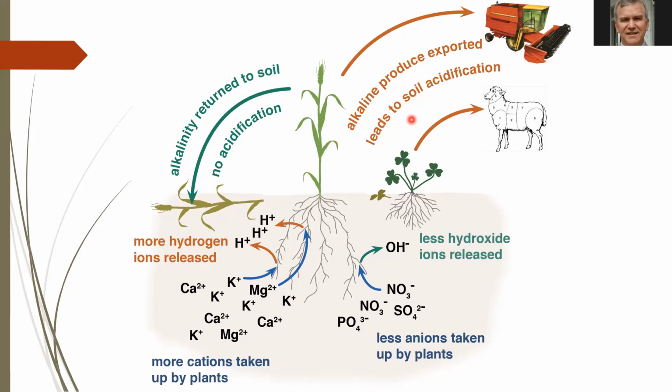And in this case, you will have an increase of acidification. So removing the alkaline components of the soil, the mineral components of the soil, will increase the acidity of a field. Okay, going on to the next slide.